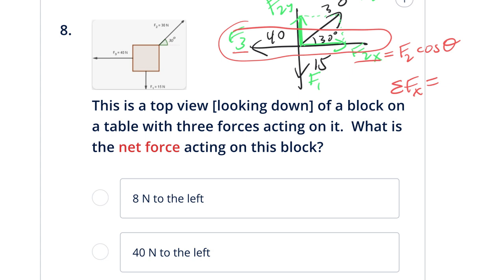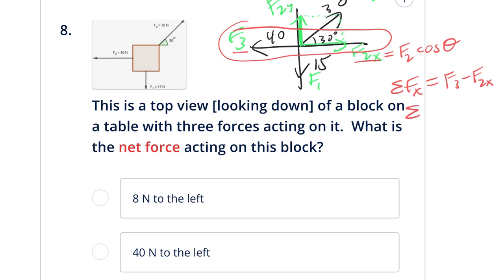I know F3 is going to be bigger, just looking at it, because 40 compared to something less than 30. So this will be 40, or F3 minus F2x.